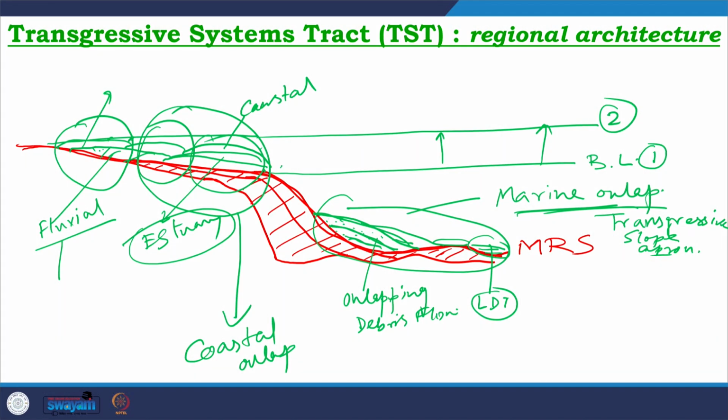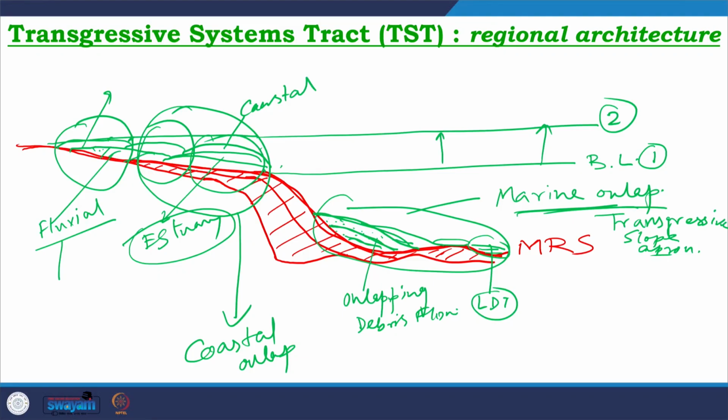So, the TST tends to be composed of two major wedges, as we have seen in this diagram. One wedge is towards the fluvial to shallow-marine part, and the second wedge is in the deep water part, which consists dominantly of gravity flow deposits and pelagic sediments.